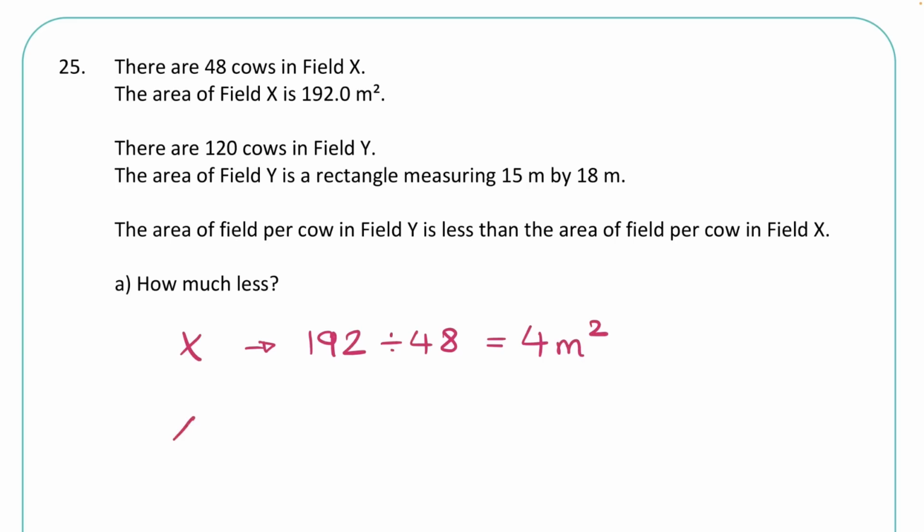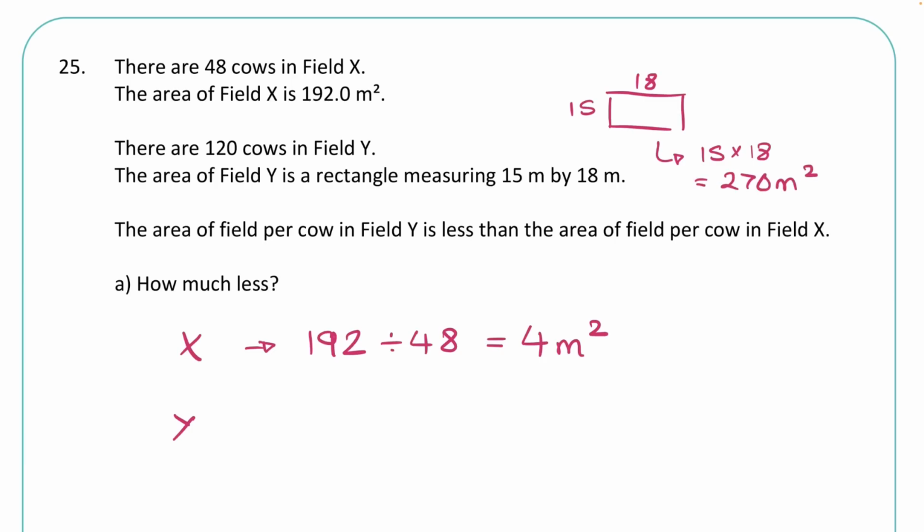In field Y, we actually have to work out the area of that field. Now the field is in the shape of a rectangle, so it's 15 by 18. So we can work out the area, 15 times 18, which gives us 270. So 15 times 18 is equal to 270, and again that's in metres squared.